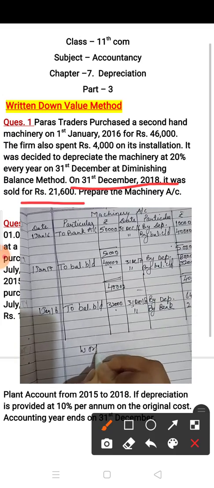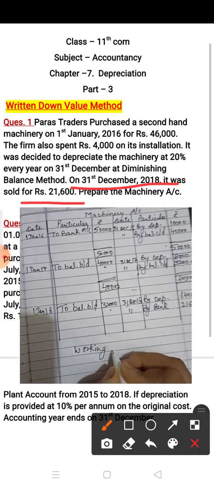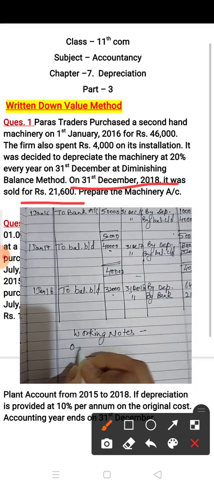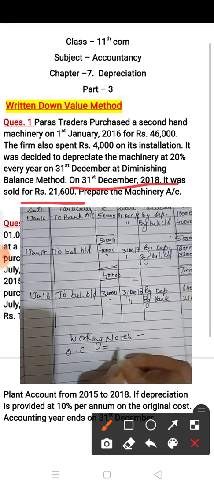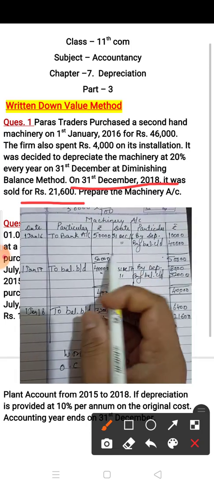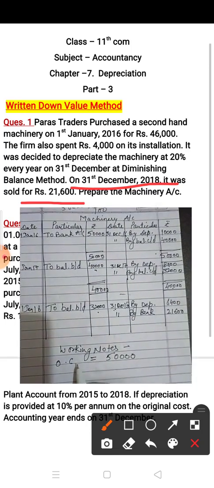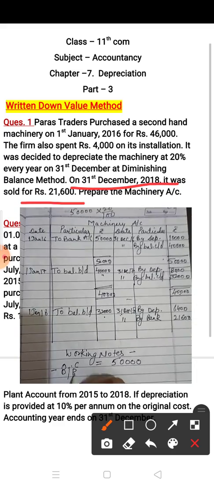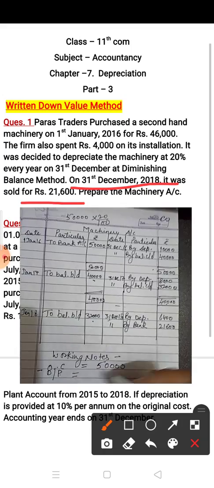As I already told in the straight line method, the working note format is the same. First you have to write down the original cost. The original cost of the machinery is rupees 50,000, which you have written at the top. Then 50,000 minus depreciation. Depreciation you have to subtract for all years.